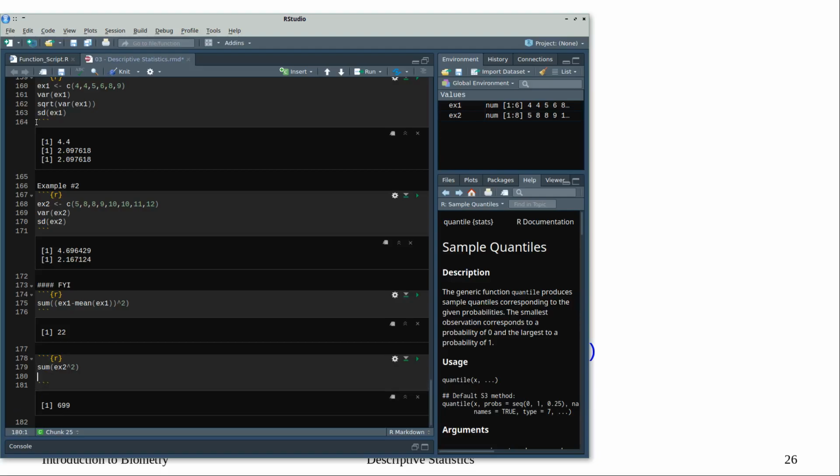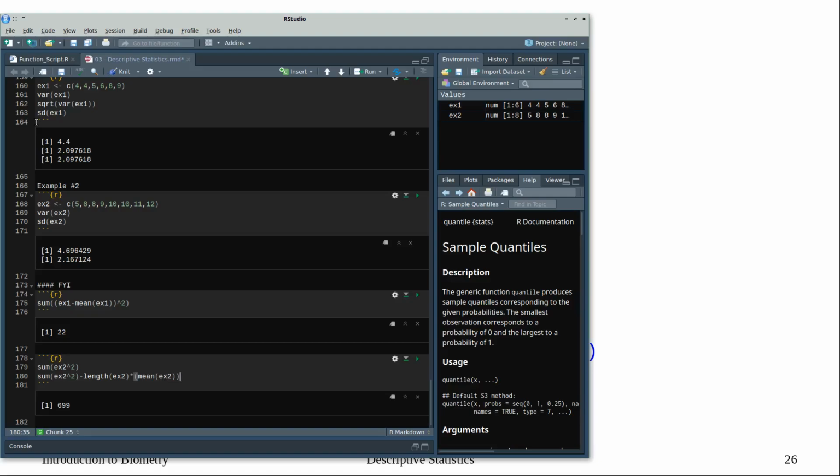And then what we do is subtract our sample size times the mean squared. So I'll do ex2 squared minus our sample size, which I can get using the length of ex2, which will give us 8, times our mean of ex2. But we want this mean to be squared.